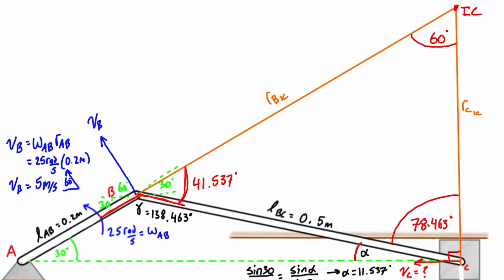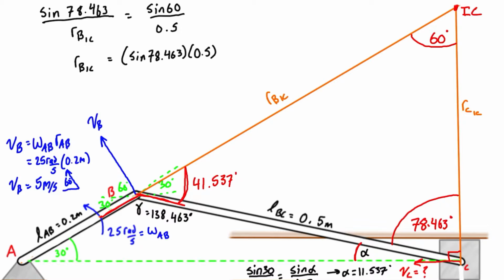So now we have a triangle with 3 known angles and 1 known side, so we can use sine law to find out some of the unknowns. So if we take sine of 78.463 over RBIC is equal to sine 60 over 0.5. Then we can rearrange for RBIC to be 0.566 meters. We can do it one more time to find RCIC.